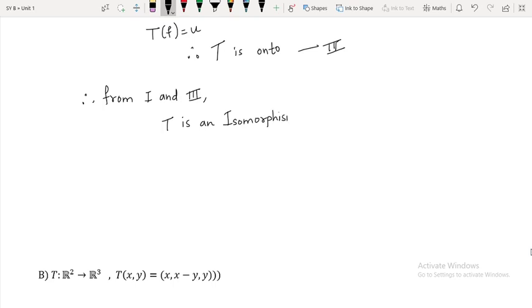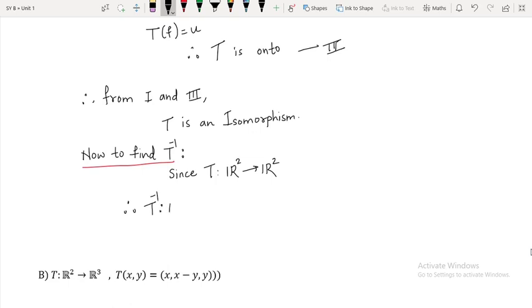Now to find T inverse, since your T is a map from R2 to R2, your T inverse will be a map from R2 to R2 only, given by T inverse of, okay.